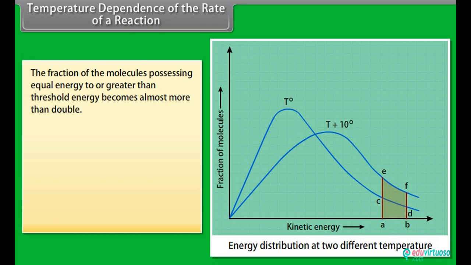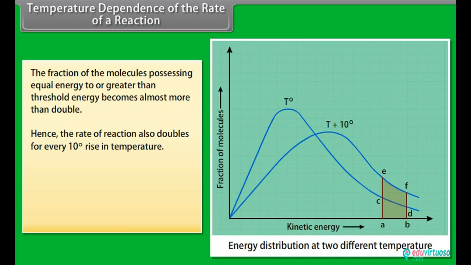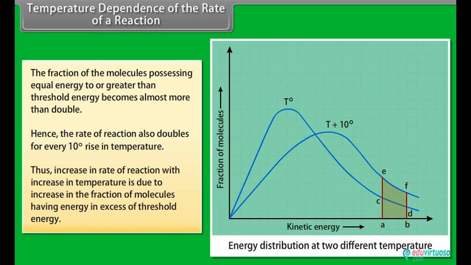The fraction of the molecules possessing energy equal to or greater than threshold energy becomes almost more than double. Hence, the rate of the reaction also doubles for every 10 degree rise in temperature. Thus, the increase in the rate of reaction with increase in temperature is due to an increase in the fraction of molecules having energy in excess of threshold energy.